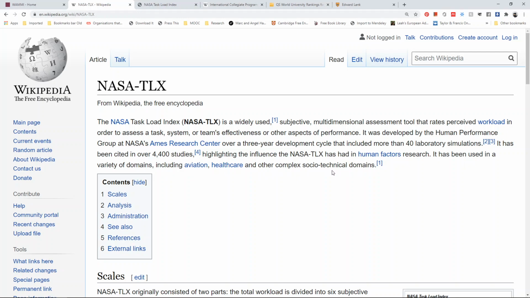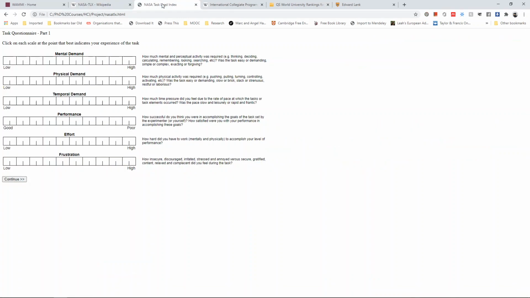So we think that in socio-technical domains we are considering it for our user interface, and so we will be providing you with this tool where you will have to rank them.